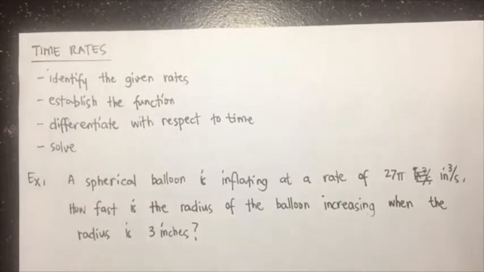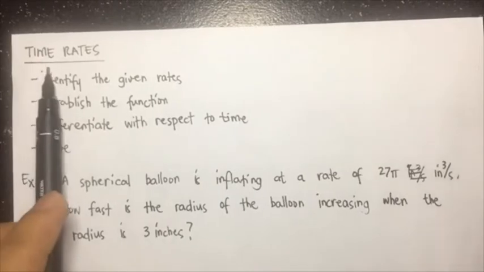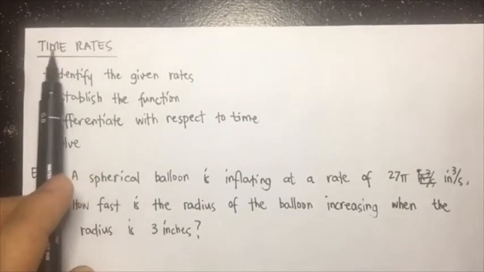It is described by the derivative of the variable with respect to time. Say, for example, we have any quantity represented by any variable. Its derivative, if we differentiate it with respect to time, is described as a time rate.